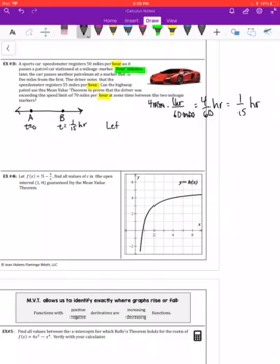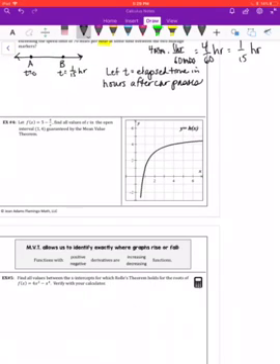We're going to let t equal the elapsed time in hours after the car passes the initial patrolman.